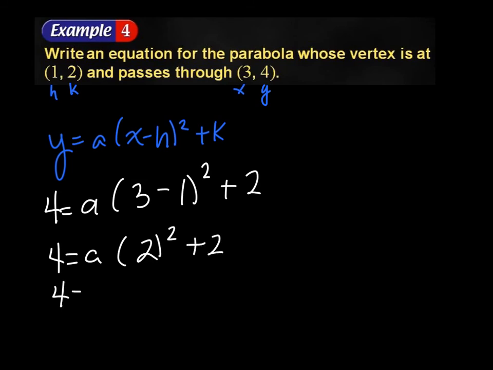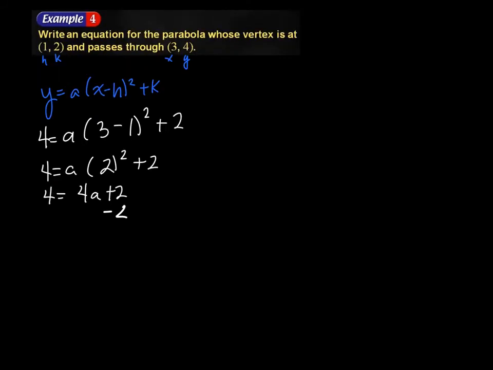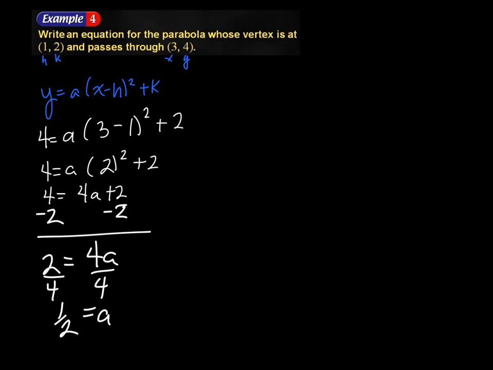2 squared is 4. Subtract 2 from both sides of the equation, and I've got 2 equals 4a, and we have a equals 1/2.